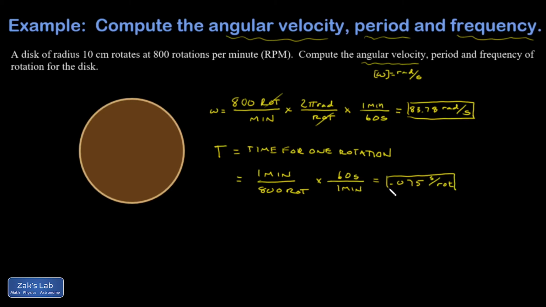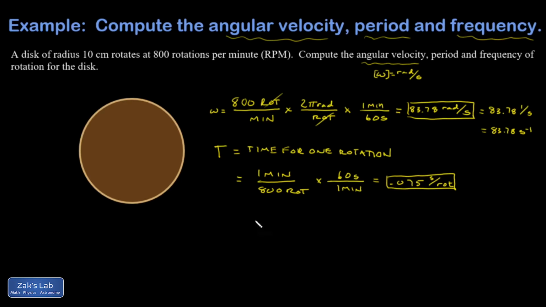I should point out here that the units of period are just seconds. The rotations are not considered an official part of the unit. Also, radians are technically unitless, so you may see omega written with only the seconds part as inverse seconds, or to be even fancier about it, as seconds to the -1.